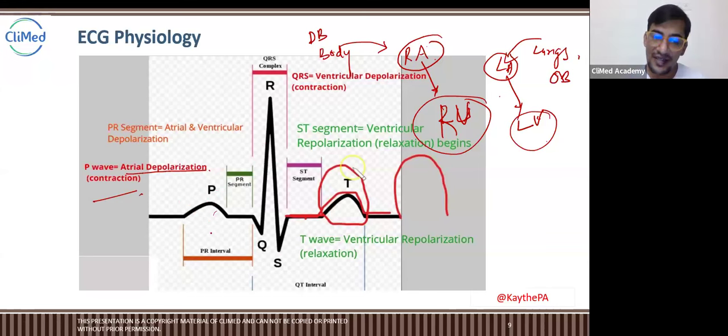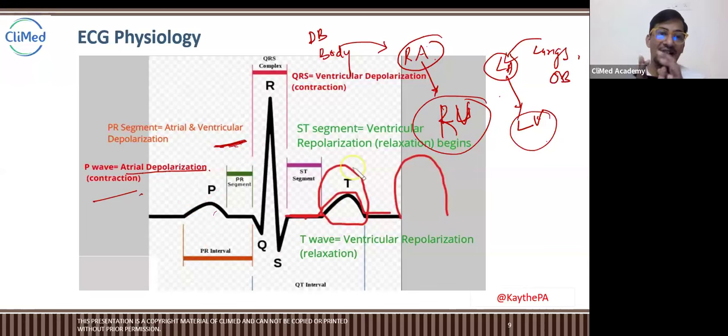So in the next phase, when it goes to the PR segment, the phase is very small, 0.3 to 0.6 milliseconds. In this time, all four chambers, the RA, RV, LA and LV, get relaxed.